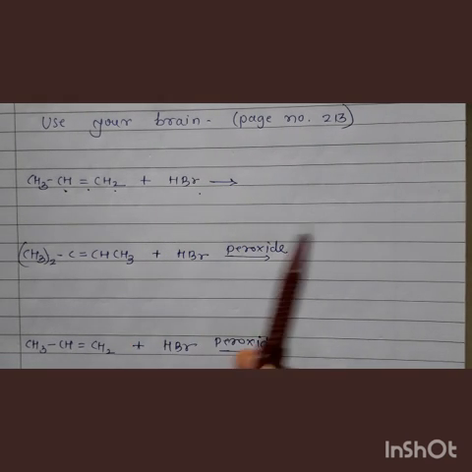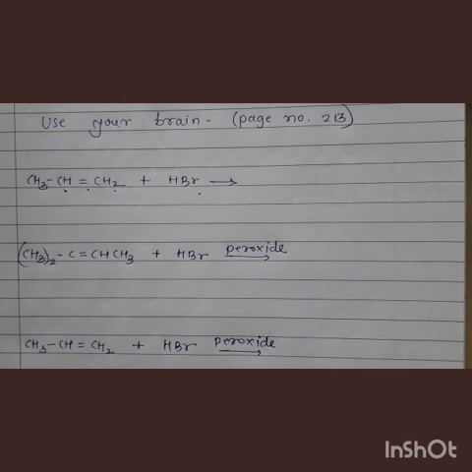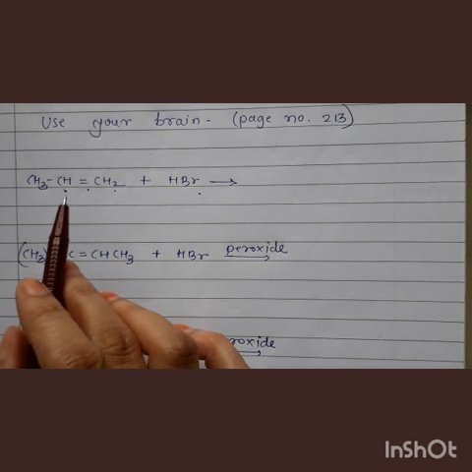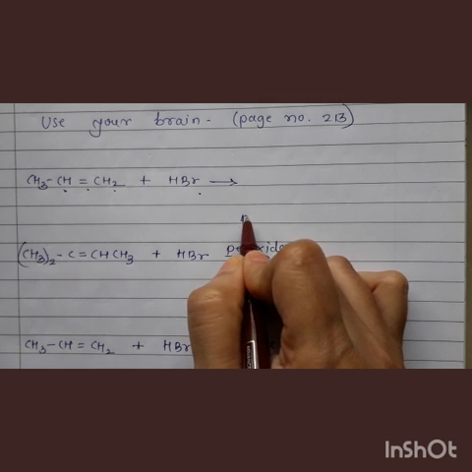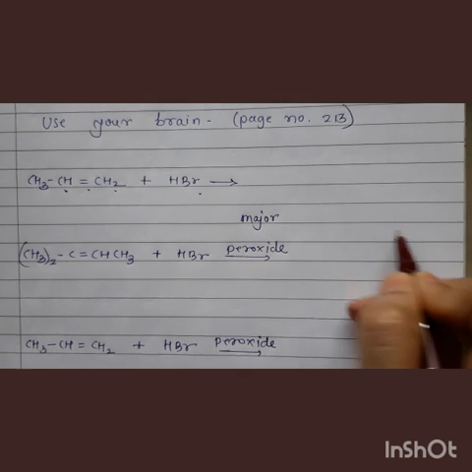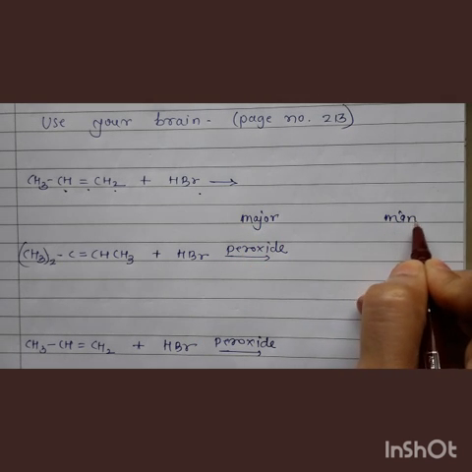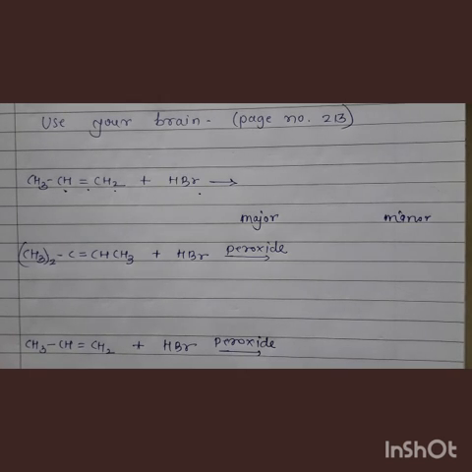That means here addition will take place according to Markovnikov's rule, and we have to show which product is major and which is minor. The product formed according to Markovnikov's rule will be major, and the other will be minor. So let us write both the products.